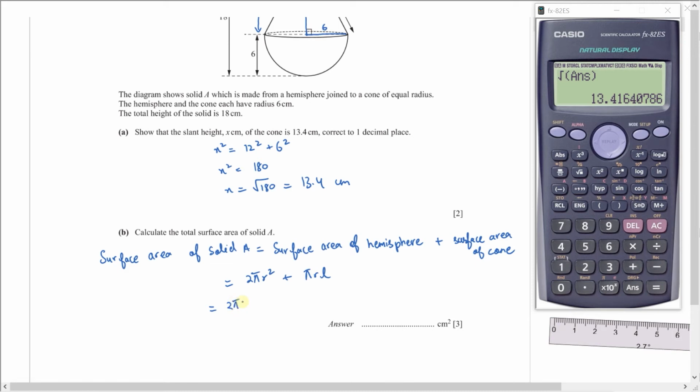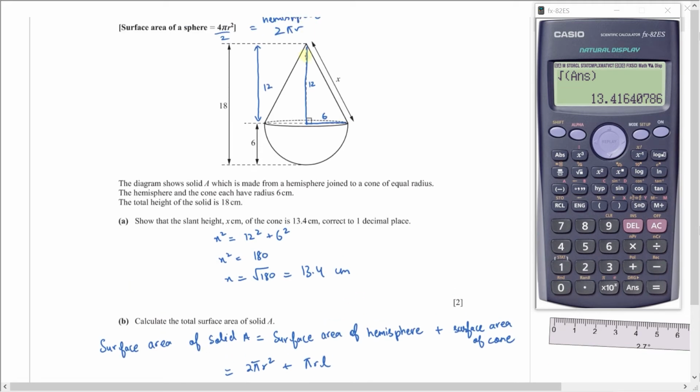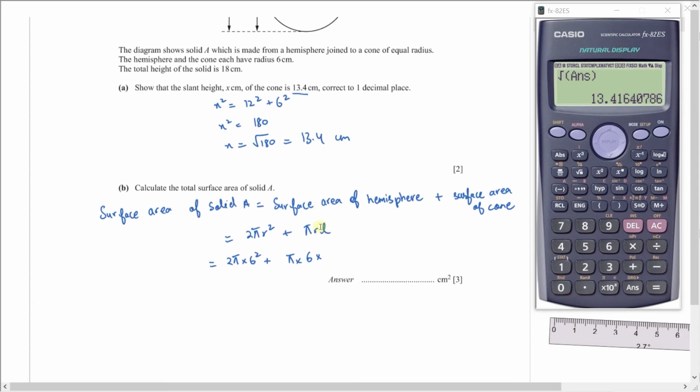Now the radius is 6 for this hemisphere. So this will be 2 pi into 6 squared plus pi into 6, since the radius of the cone is the same as the radius of the hemisphere, into l, which is the slant height x that we calculated as 13.4. So now let's calculate this: 2 into pi into 6 squared plus pi into 6 into 13.4.